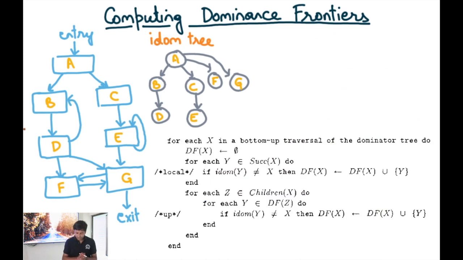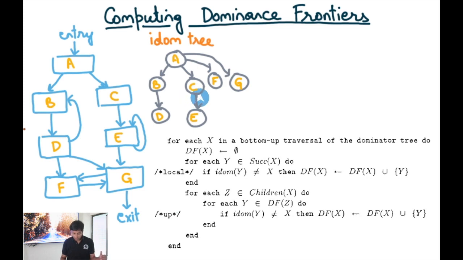So my final algorithm looks like the following. I'm going to do a bottom-up traversal of the dominator tree. For each node X in a bottom-up traversal of the dominator tree, and this is the dominator tree, you compute the dominance frontier in this order of each node X. For example, I'll first compute the dominance frontier of D, then I'll compute the dominance frontier of E, and then I will see which of the nodes in the dominance frontier of D pass up to B. Plus, when I do that, I'm also going to consider the DOMF local of B. Similarly, I'm going to pass up the dominance frontier of E to C and see which of those actually pass up.